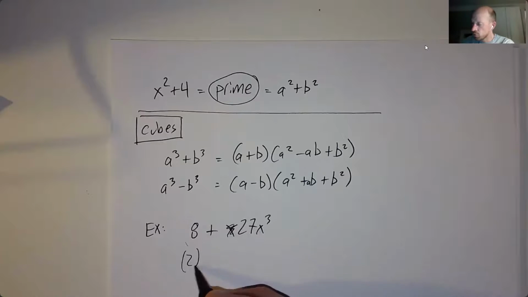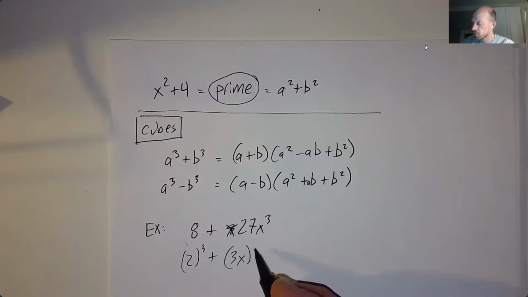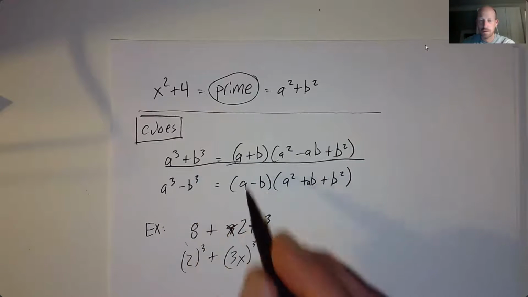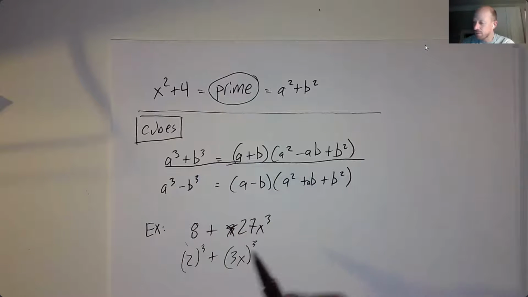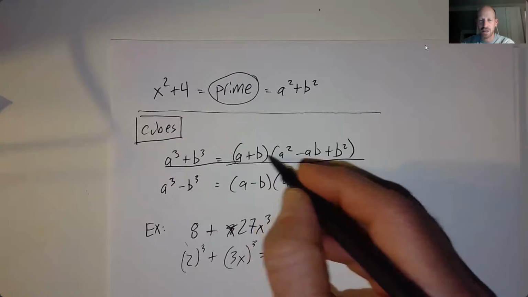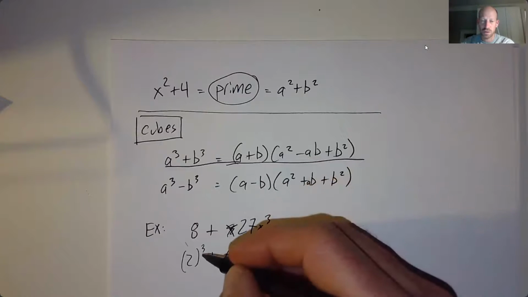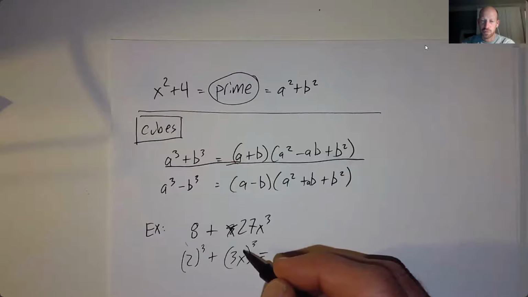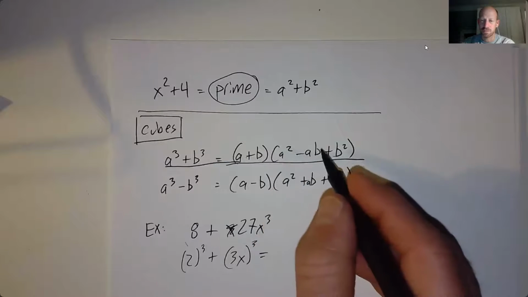This is really 2 cubed, and 27x cubed is 3x cubed. So that tells me it's going to factor according to this pattern. And once you identify that, you're just plugging 2 in for all the a's and 3x in for all the b's.